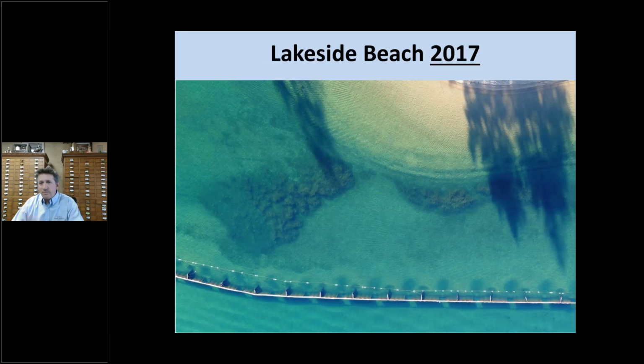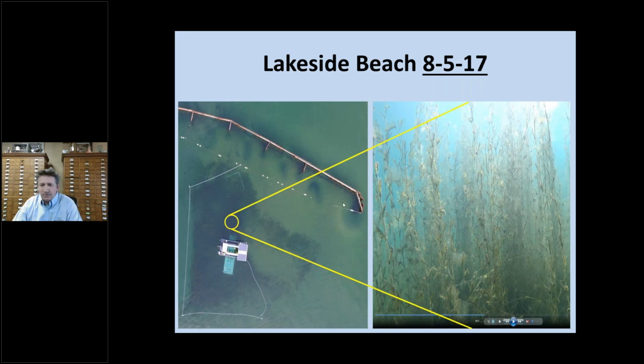Now going back, I want to take a picture back from 2017. This is what the beach used to look like. The plants were much taller, much more curly leaf throughout the beach. This is a 4, 5, 6 foot tall curly plants loaded with turions. This is where we first did our project in 2017.